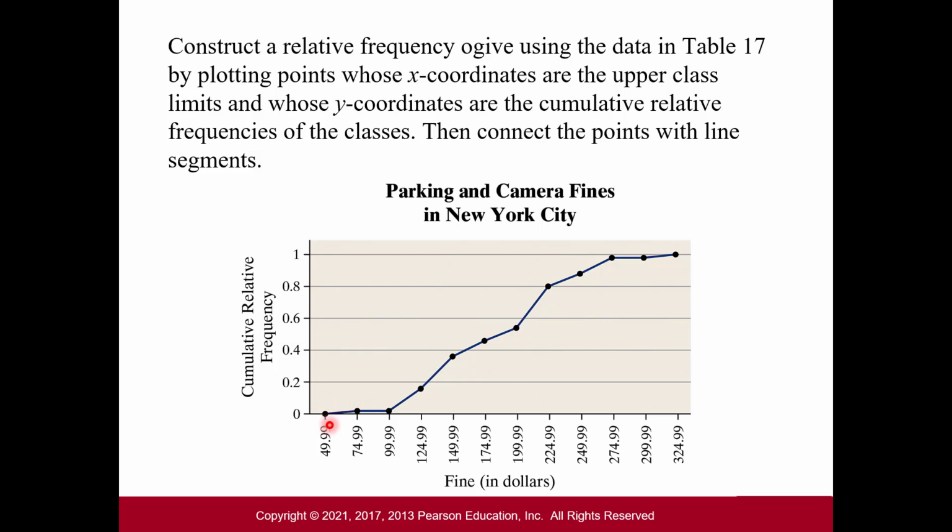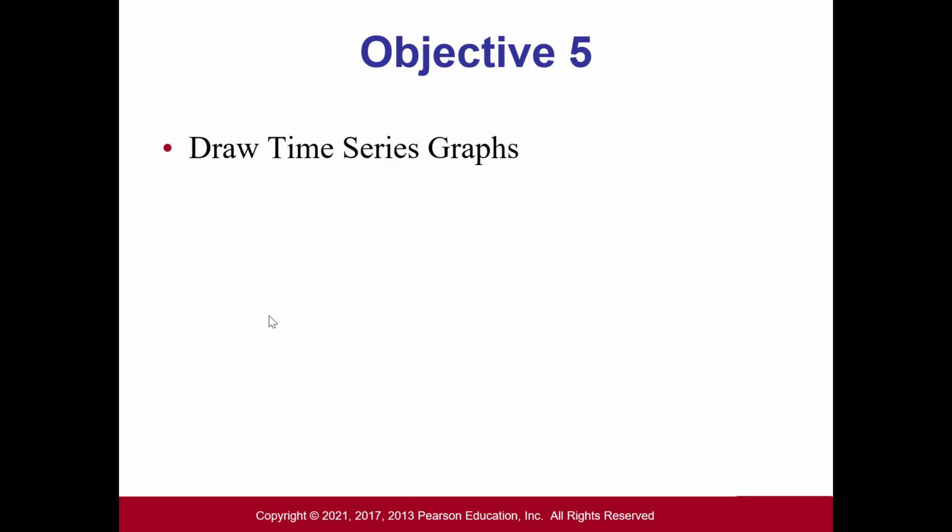And so the extra piece is down here from our upper limit of our smallest class, our first class, we have to just draw one extra point, which would have been, you could say, the upper limit if there was a previous class. So remember, our first class started at 50, so we just go to the number right before that. In this case, it would have been 49.99. And that frequency is 0, so you draw the point at 0 and draw a line down. And then up here, like I said already, it's going to go to 1.